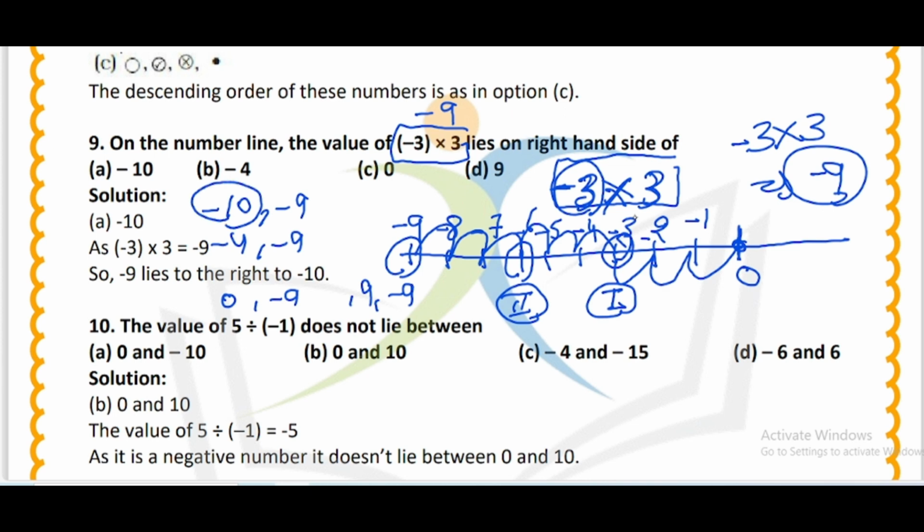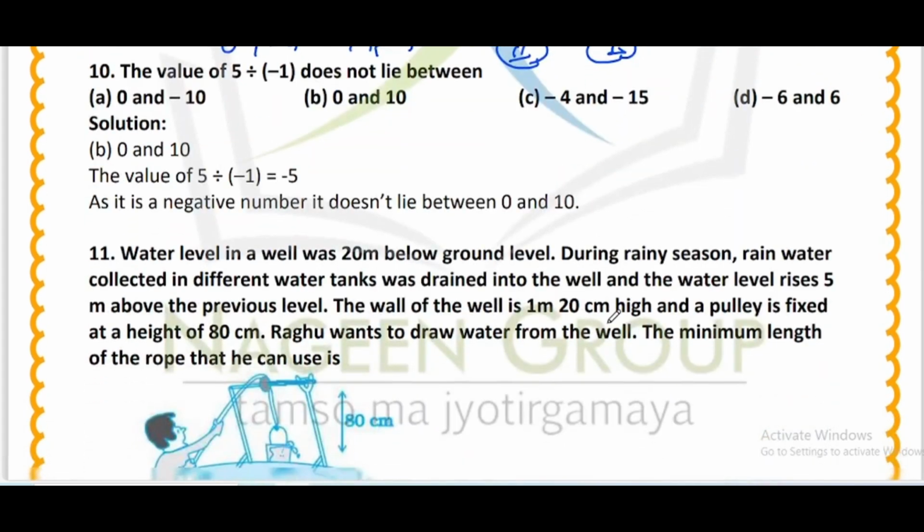Which one is greater? Then minus 9 is greater. It means minus 9 is to the right hand side of minus 10. Then the right option is part A. Let's see question number 10.